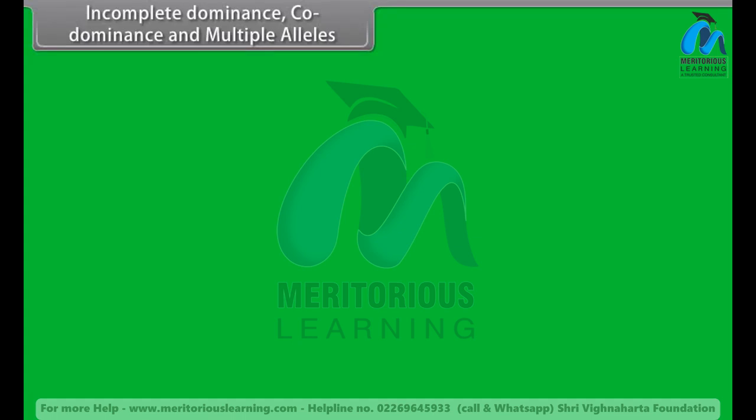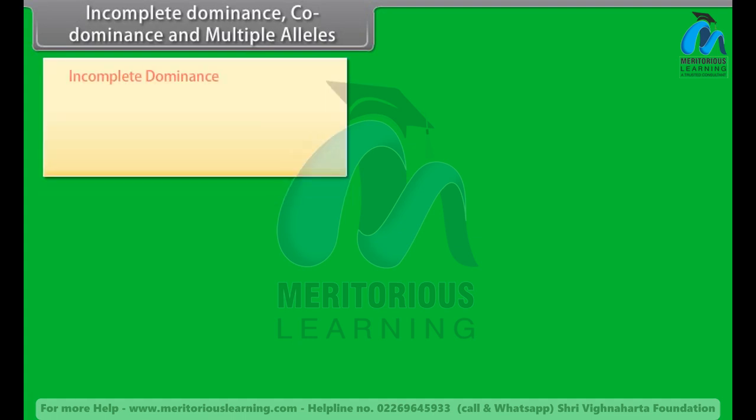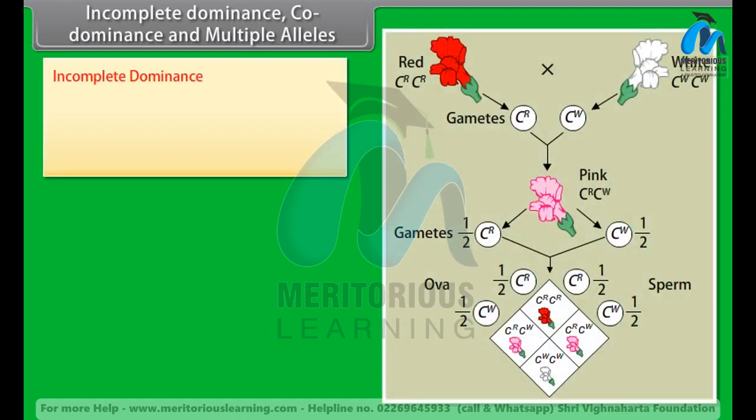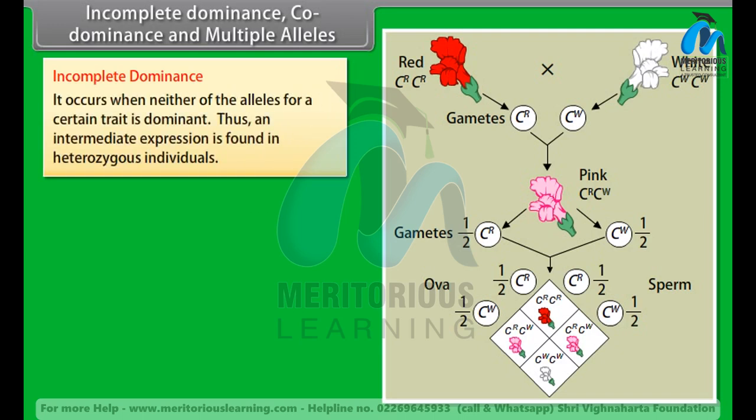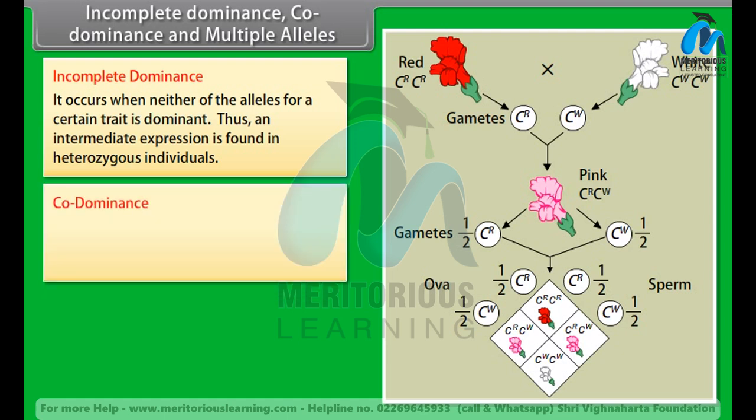The two factors or traits occur with equal frequency in male and female gametes. Incomplete dominance, codominance, and multiple alleles. Incomplete dominance. It occurs when neither of the alleles for a certain trait is dominant. Thus, an intermediate expression is found in heterozygous individuals. Codominance.